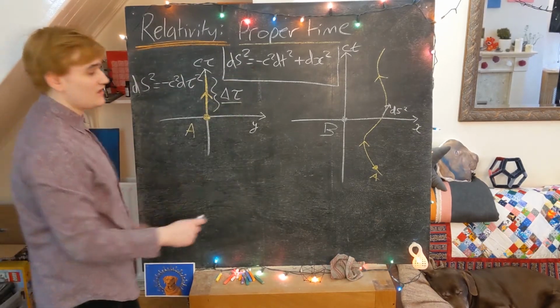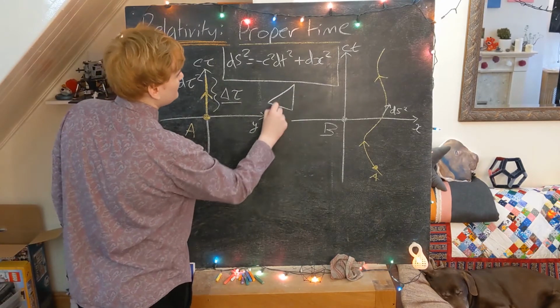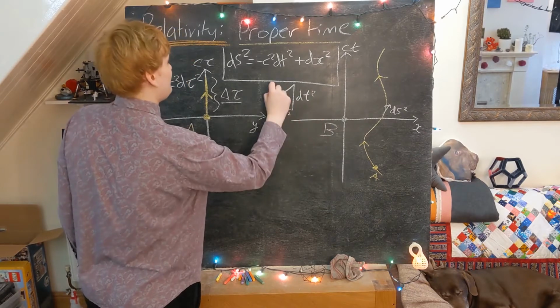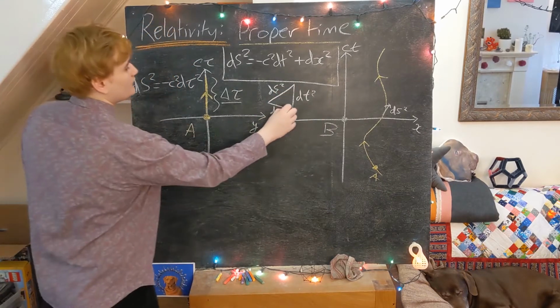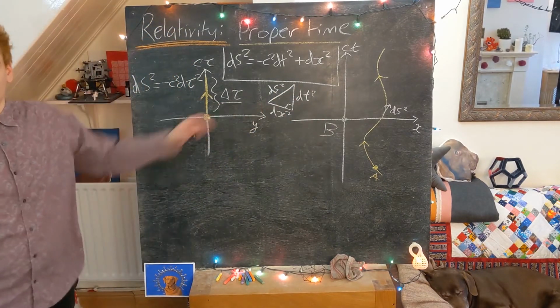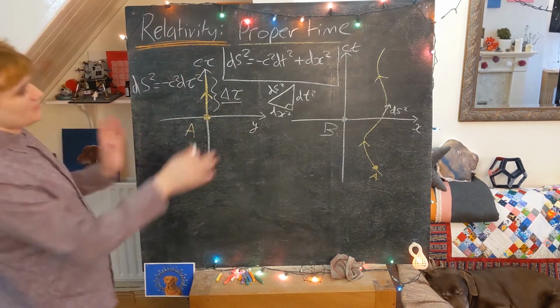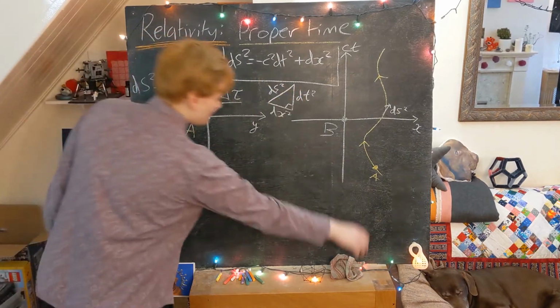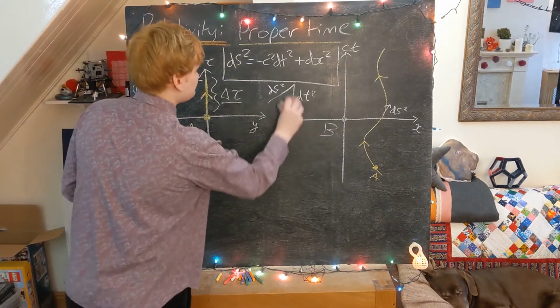If that had been a plus, then we simply would have dx squared, dt squared, and then ds squared, forming a Euclidean right triangle picture like this. But the minus sign there messes all of this up, and we can't use this Euclidean reasoning.